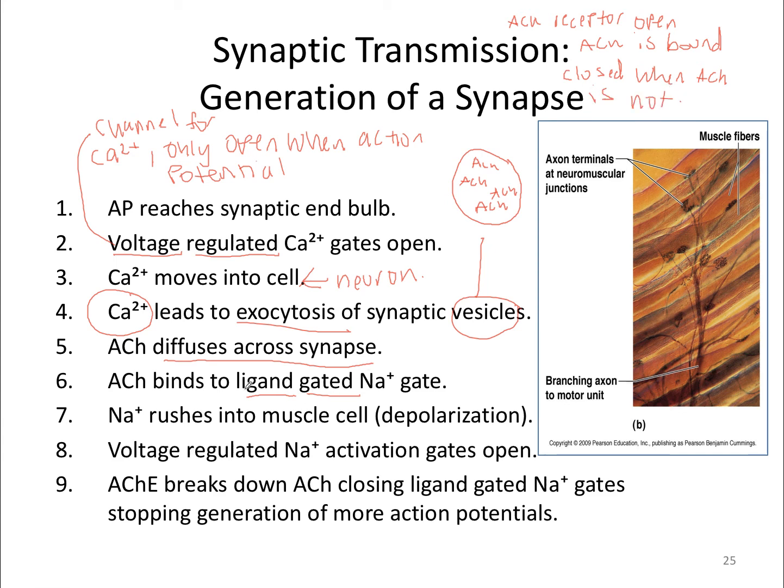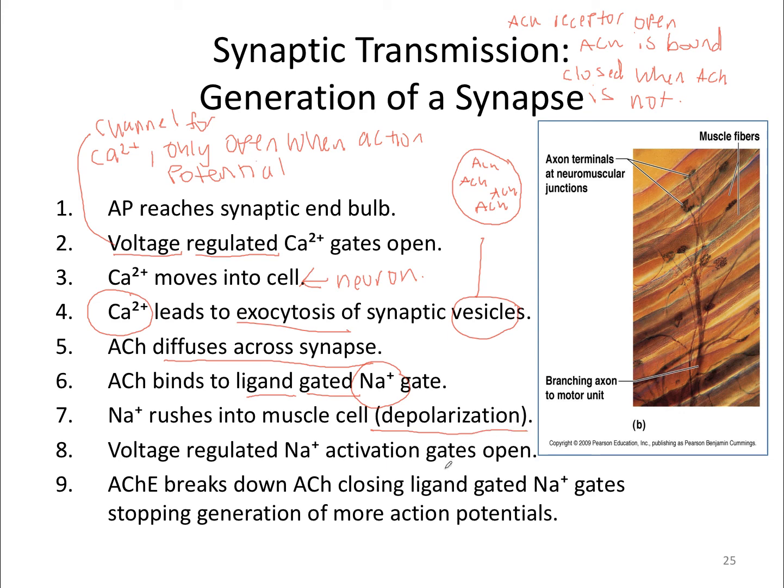So, turns out the particular ion that the acetylcholine receptor is a gate for is sodium. So sodium rushes into the cell, and that depolarizes the membrane.